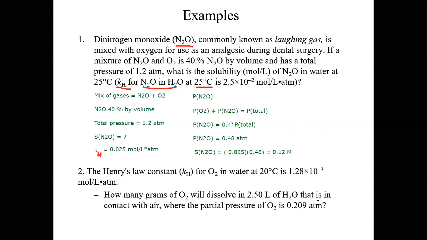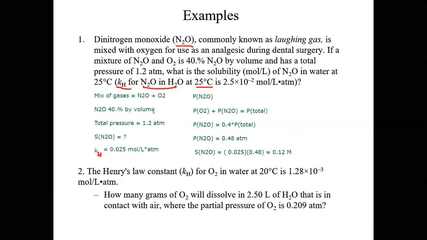The way you would approach this is, using the pressure of O2 and its Henry's law constant, determine the solubility of the gas, which is in molarity. Once you know the molarity of O2 and the volume, you can find moles, and then you can find grams.